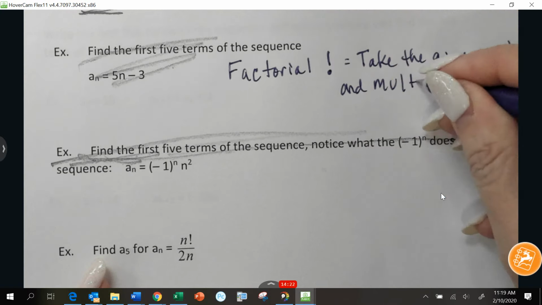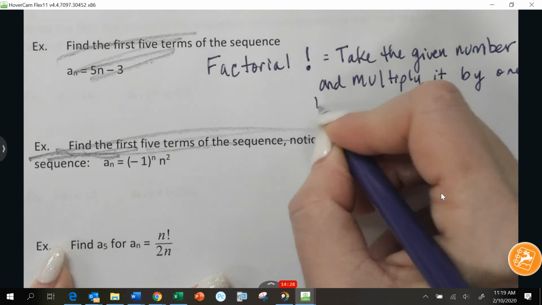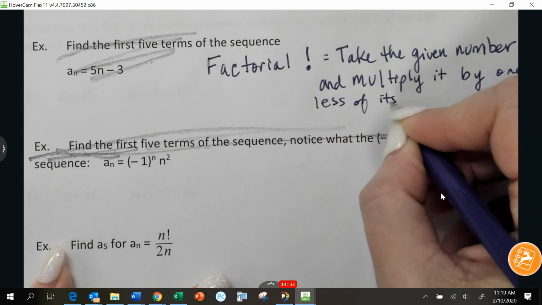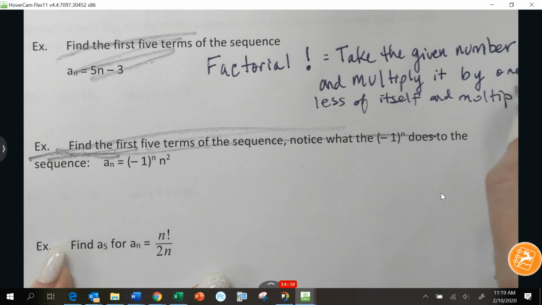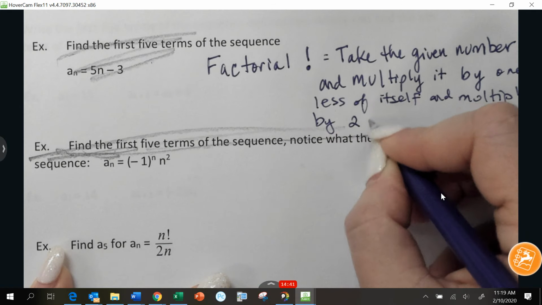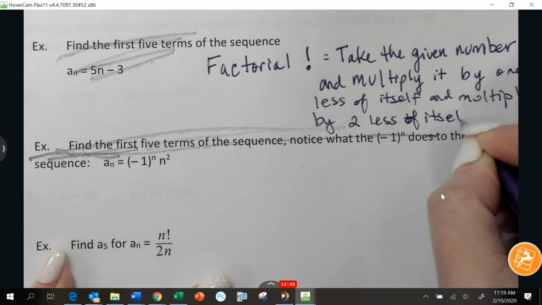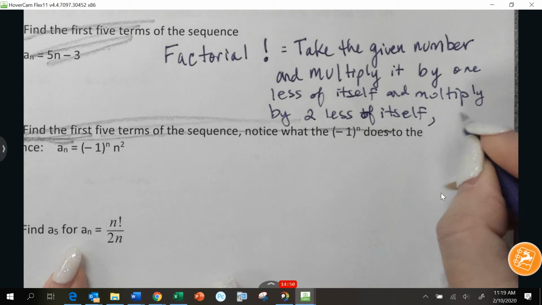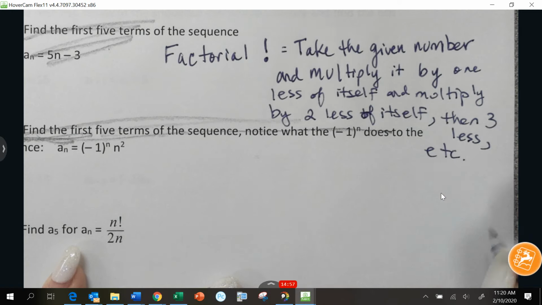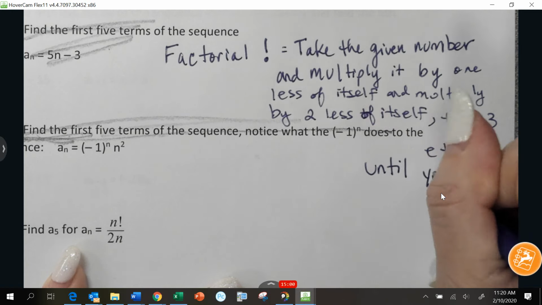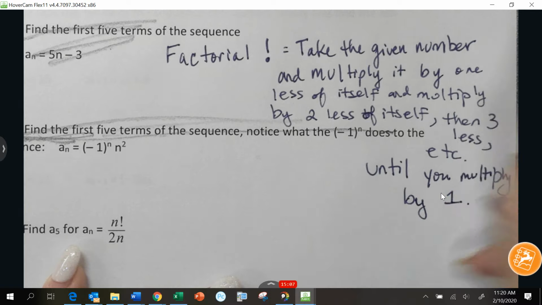What this means is to take the given number and multiply it by 1 less of itself, and multiply by 2 less of itself, then 3 less, etc., until you multiply by 1.